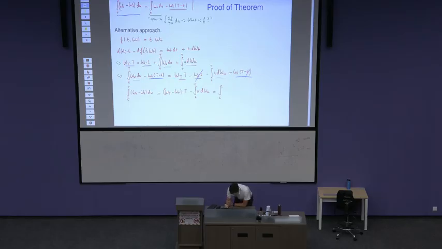So this means what I have on the right-hand side is just t minus u integrated with respect to the Brownian motion.